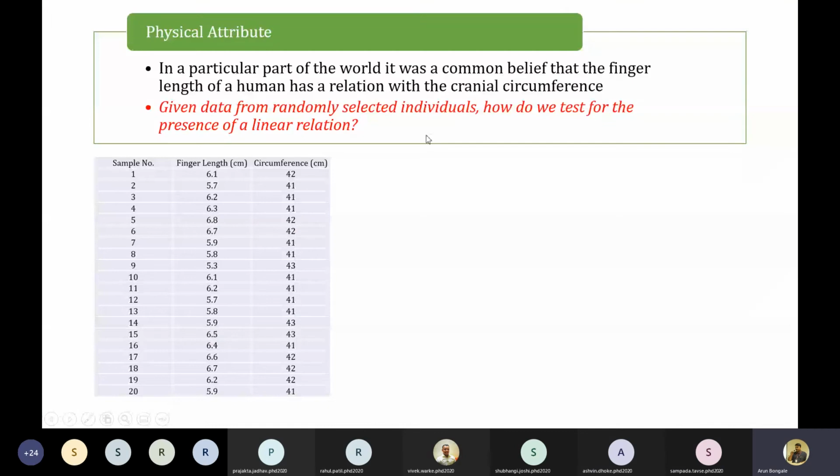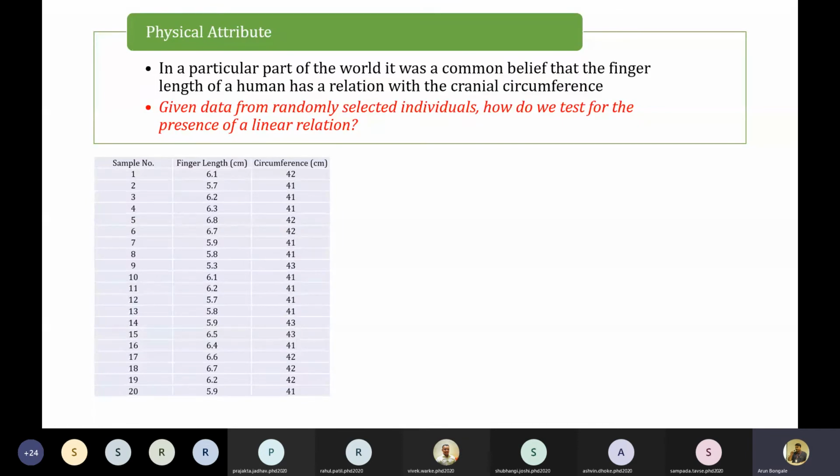Okay, so this is one data set, a random data set. It doesn't have any meaning. It is a randomly generated data set for understanding purposes. Related to this particular problem, I have one data set. From a population of thousands, I have selected 20 samples, 20 people, to check this particular belief, whether the stated statement is true or false.